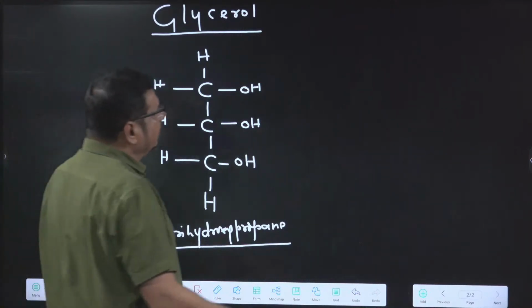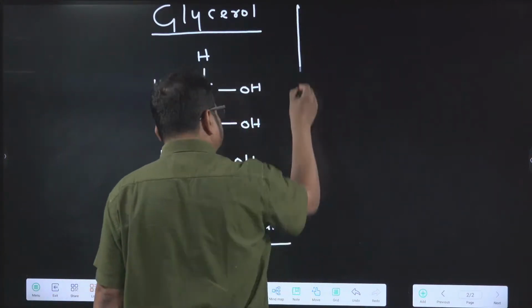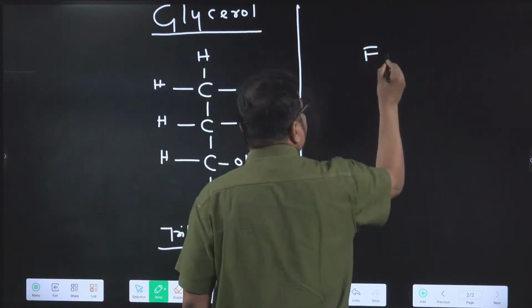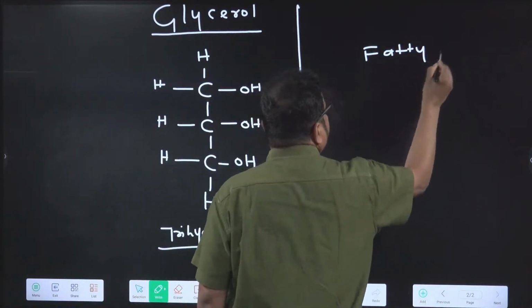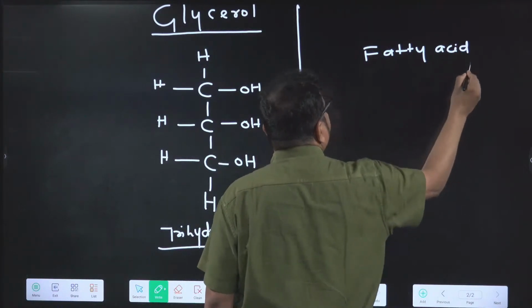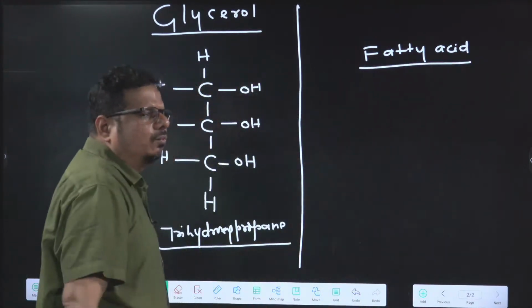And now I am going to tell you about fatty acid. So this is about the glycerol, and then we are going to talk about fatty acid, the another component of simple lipid, another component of true fat.